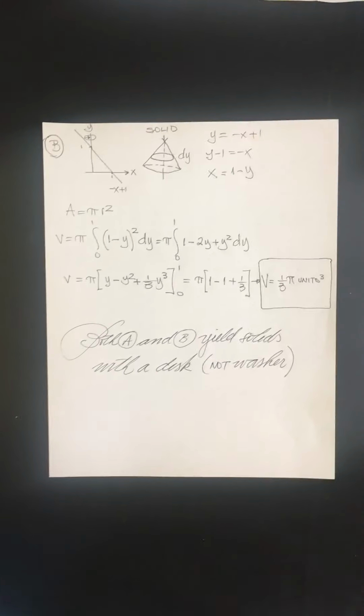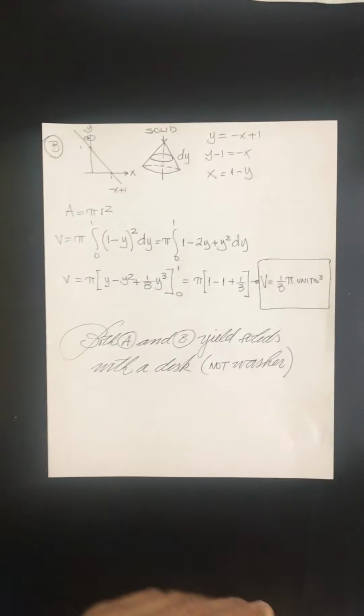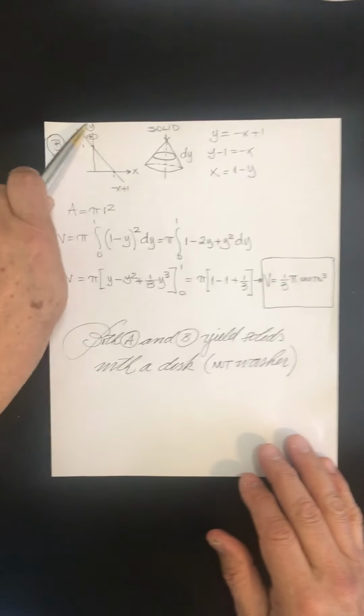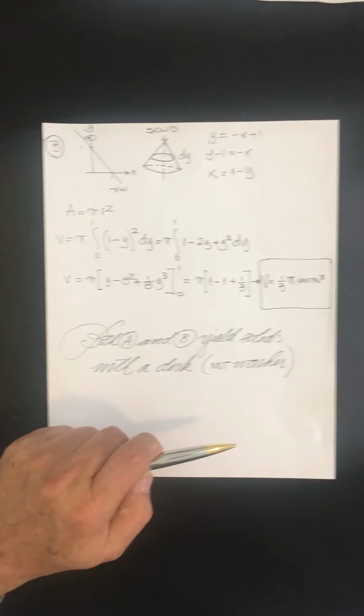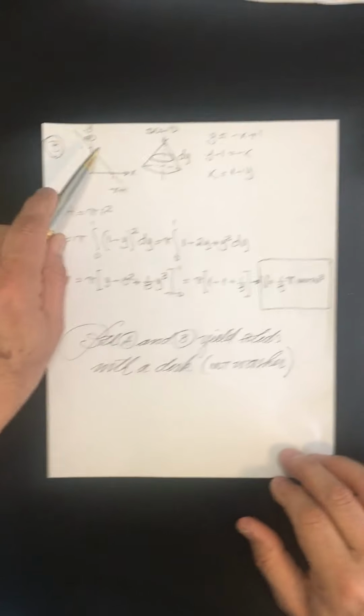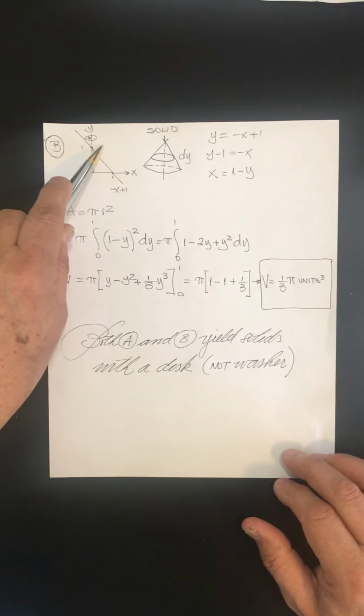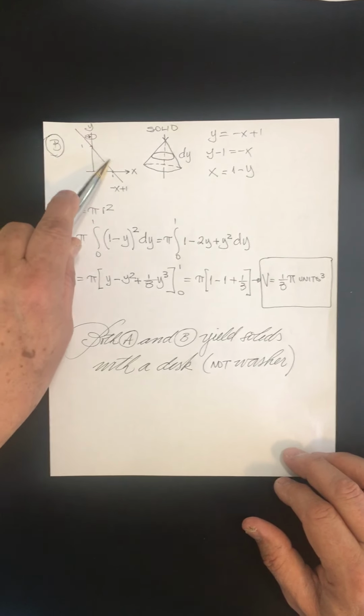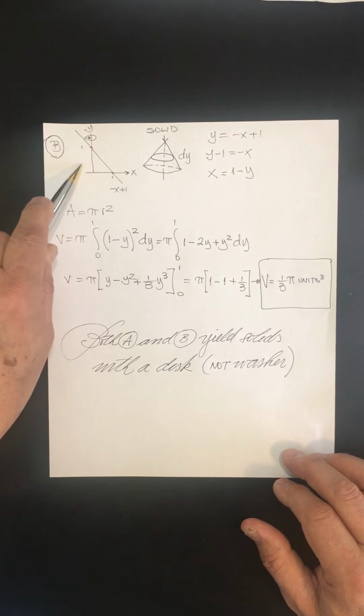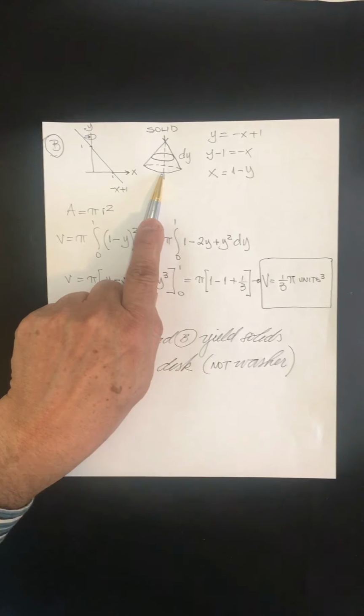Let's see now how this works if we are to rotate over y. Note that when we rotate over y, we take this area under the curve and spin it all around and keep spinning that all around. It creates this solid.